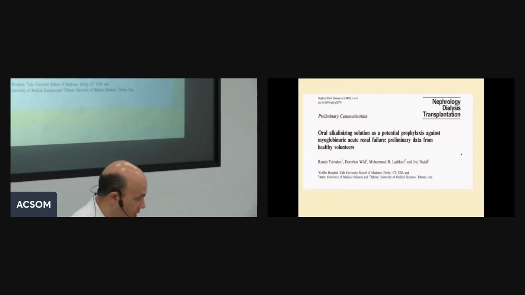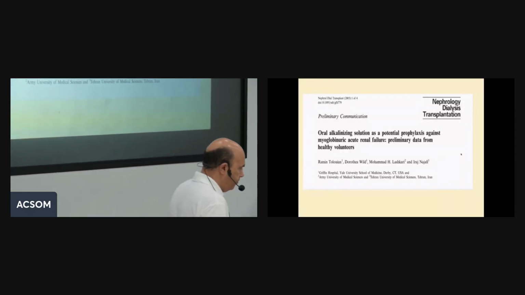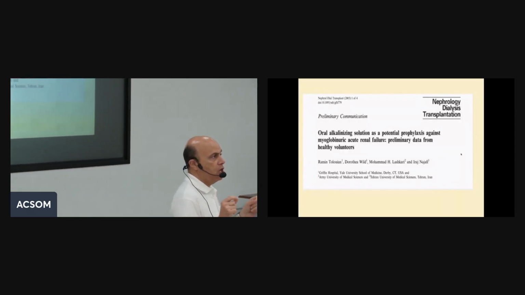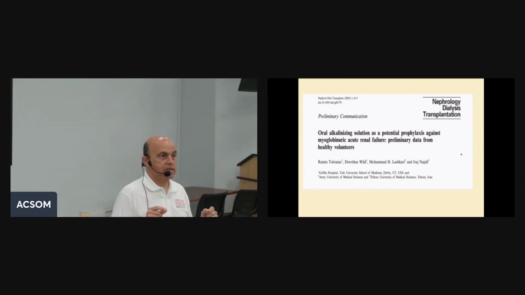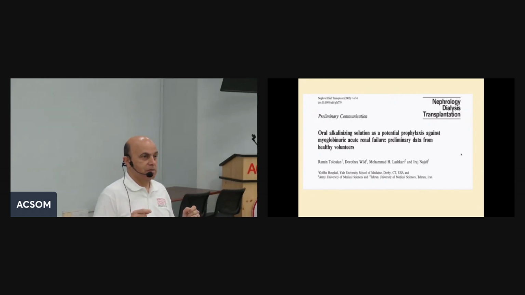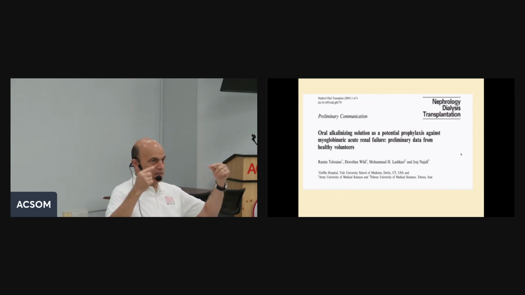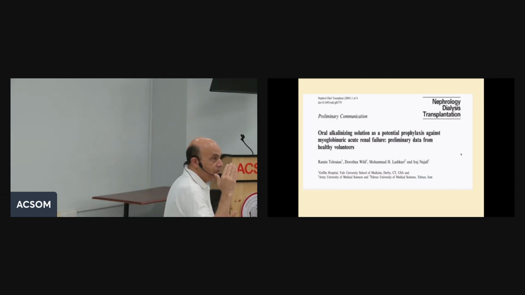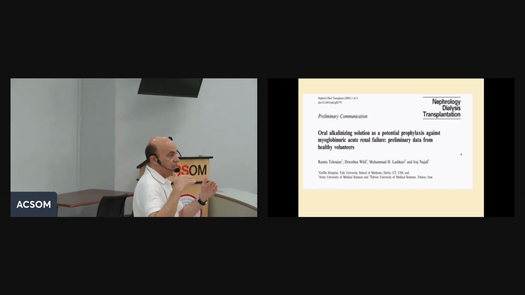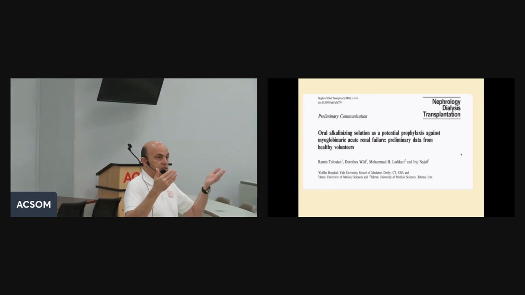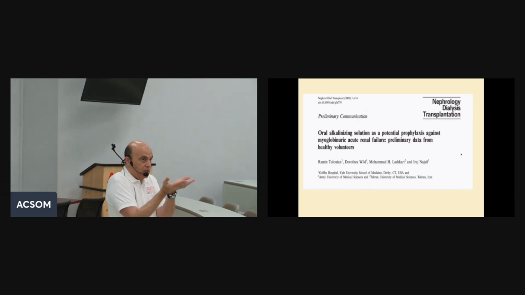The reason for that is, does anybody know what isoelectric pH is? What does that mean? It means there is a pH at which the amount of ionized and non-ionized forms are equal.